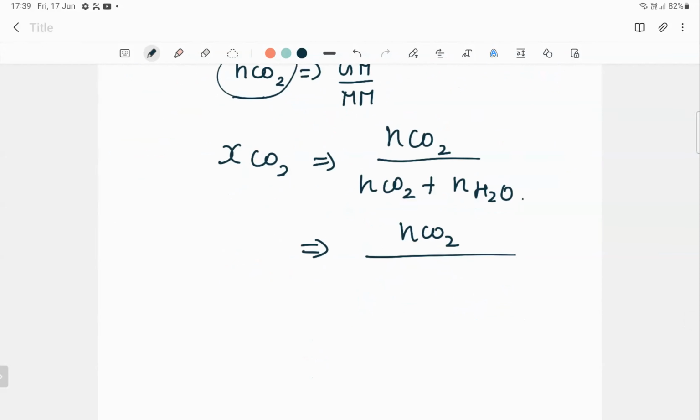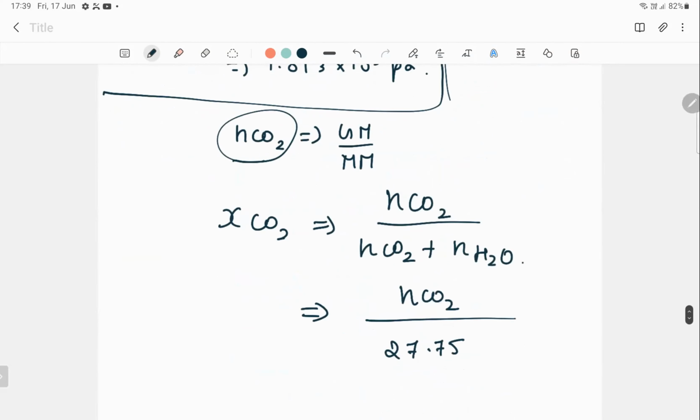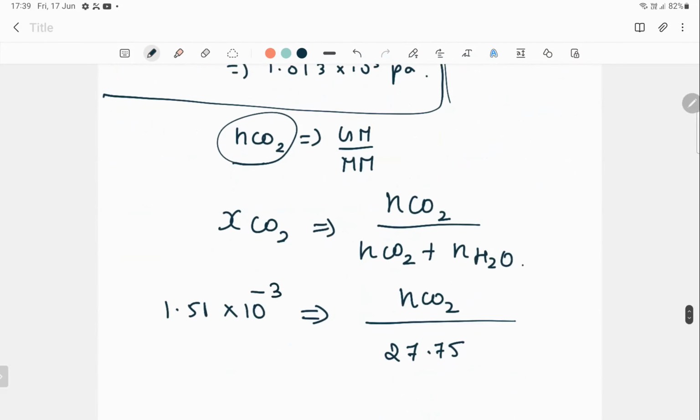So 500 milliliter means 55.5 divided by 2, which is nothing but 27.75. And your mole fraction of CO2 is 1.51 into 10 to the power minus 3.